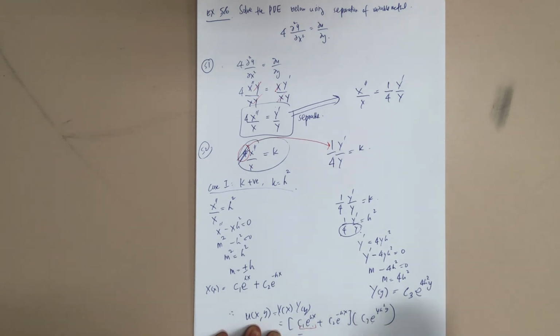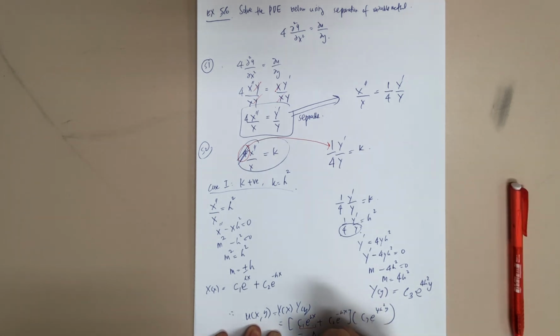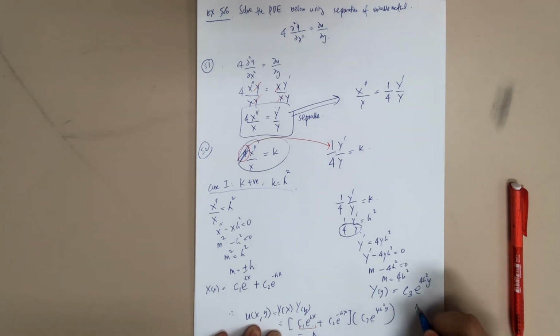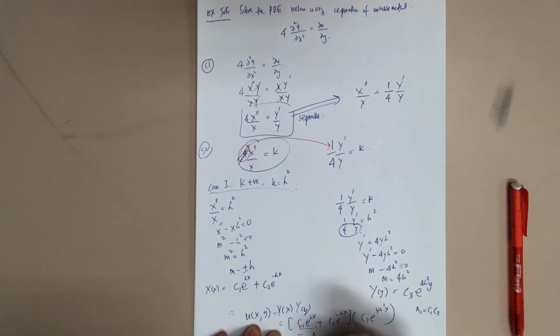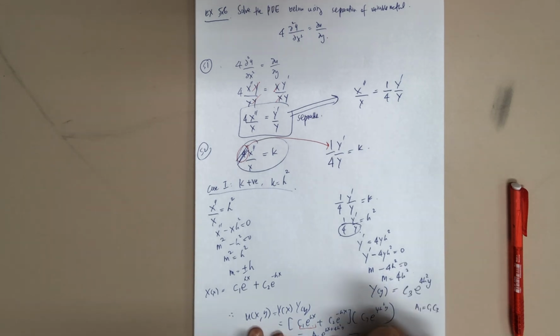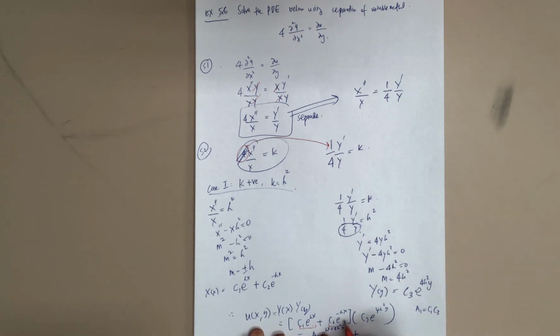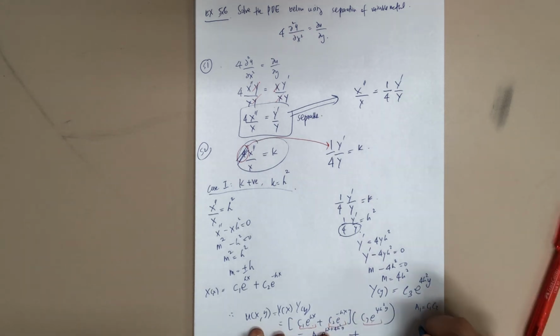So C1 times C3 we will let as A1. Okay, A1 is equal to C1 times C3. So then you will have here A1 e^(λx + 4λ²y), and then plus C2 times C3, which we will let as B1.